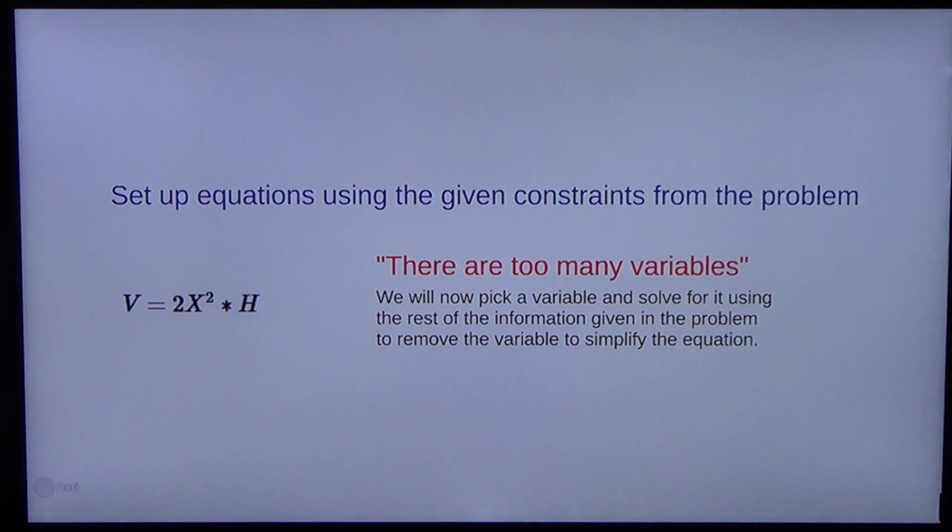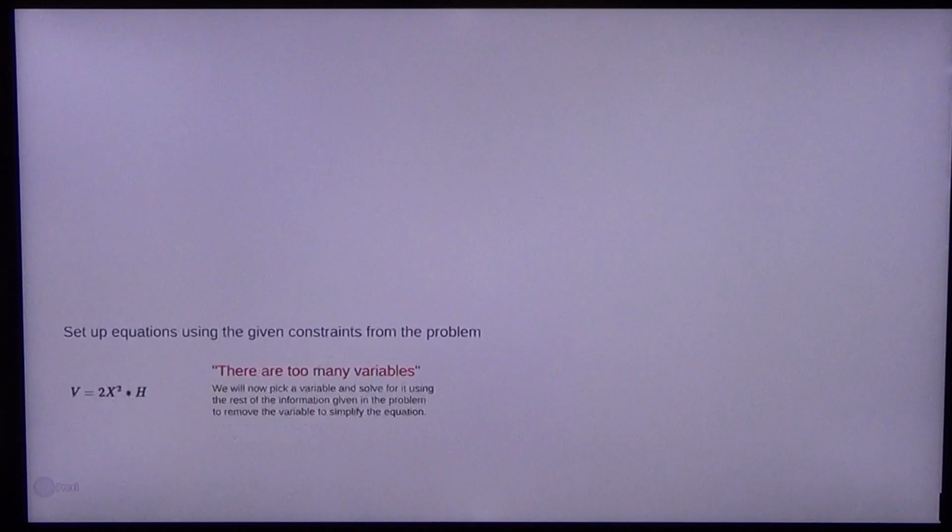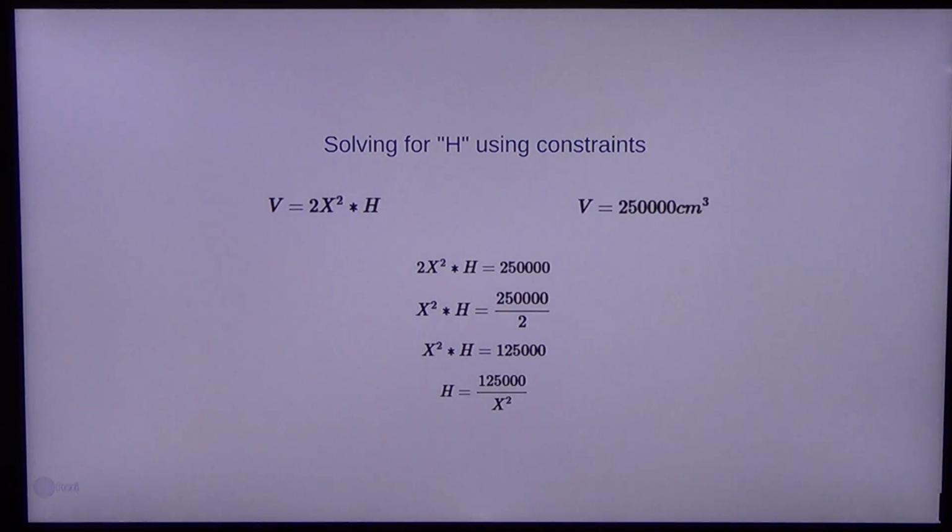Now to find using the constraints, we need to put back into the volume equation. The problem here is that we have too many variables and we need to remove some of them to make this problem solvable. And we're going to pick h for the height to solve for so we can remove it out of our equation.